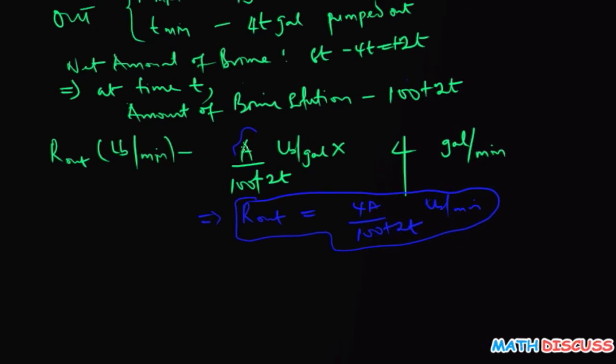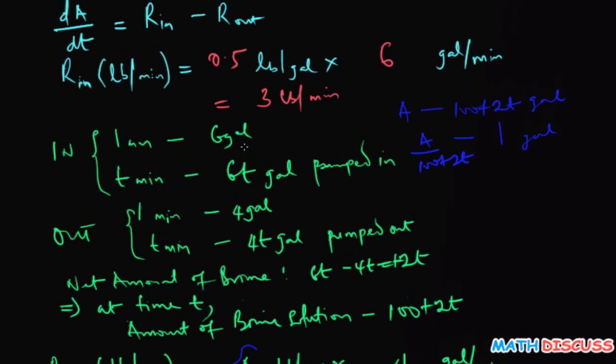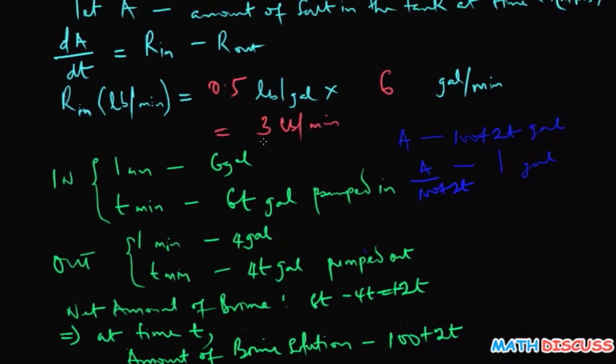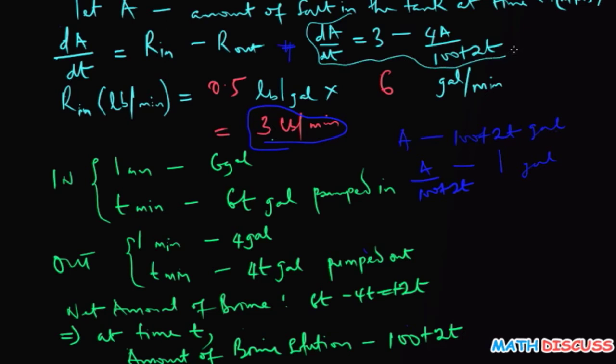And then we also have the R in to be this. So then we can now use our differential equation there, which says that dA/dt equals R in, which is 3, minus our R out, which is 4A divided by 100 plus 2t. I'm going to write it down.